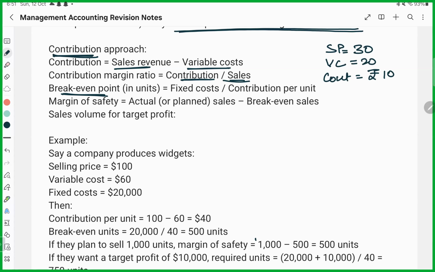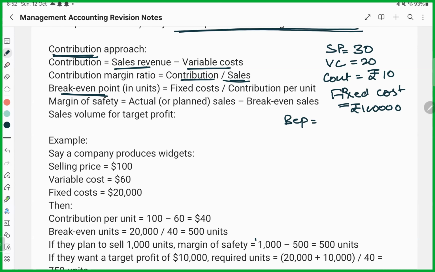Now I know that I have a fixed cost of say rupees 1 lakh. Then in that case, what is the break even point?